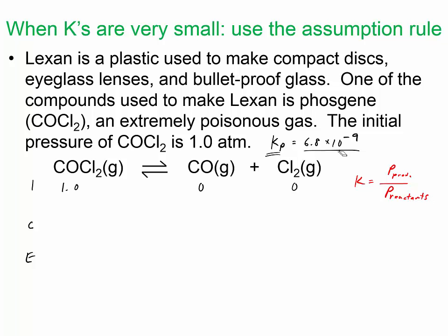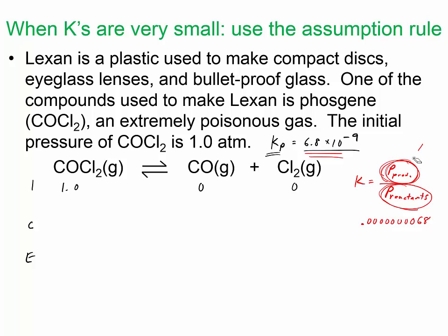Okay, so what is this number telling us then? This is a decimal point and then 8 zeros: 1, 2, 3, 4, 5, 6, 7, 8. And then a 68 here. So at equilibrium, this number must be very, very small, and this number must be a lot bigger than this number.